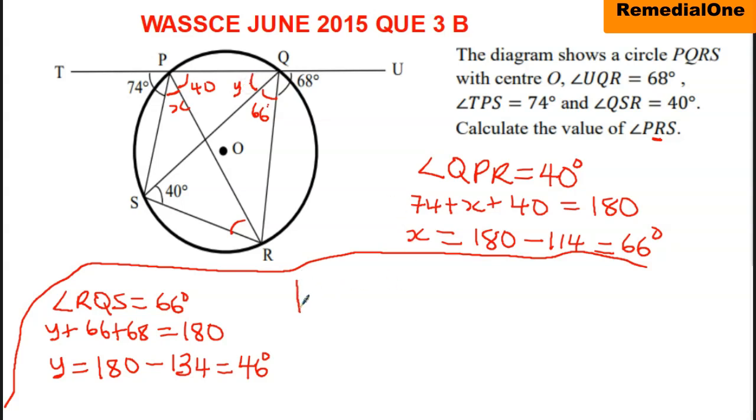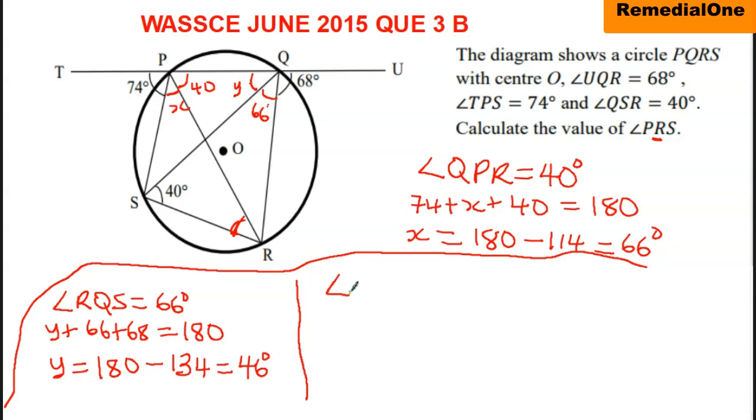Knowing that angle to be 46 degrees, let's consider the segment PX. This angle is formed on this segment, and this angle too is formed on this segment.